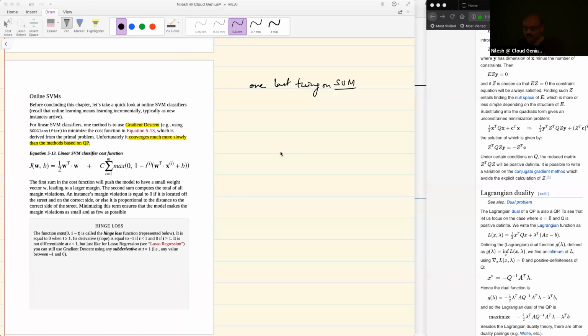The next idea is, again, I think one of the last few ideas in the support vector machine classifier techniques, and that is the idea of online SVM. The underlying concept is what an online technique is.